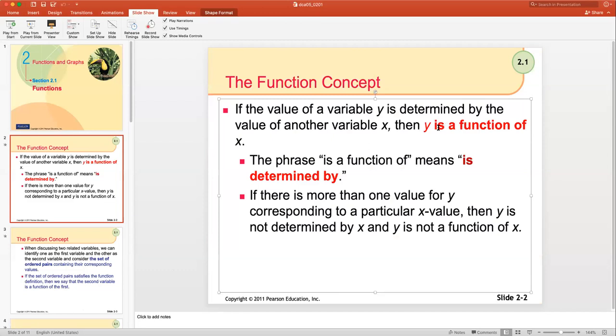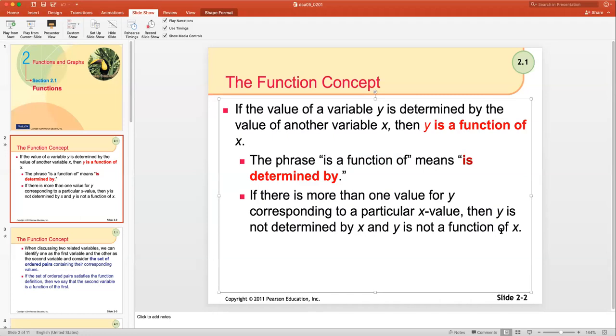Simply saying, y is a function of x means that the variable y is determined by the other variable x. But what if there is more than one value for y corresponding to a particular x value? Then y is not determined by x, and y is not a function of x.